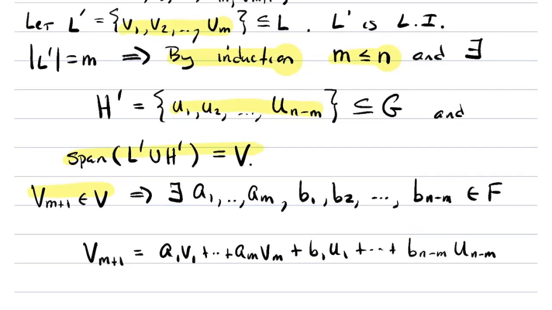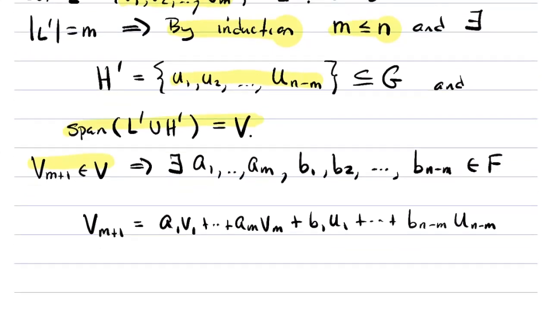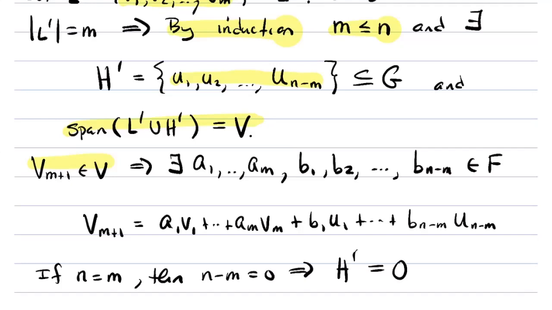If n and m are equal, let's think about that case. If n is equal to m, well, then n minus m is 0. And n minus m is the number of elements in H prime, so that would mean that H prime is the empty set. So that means that there really aren't any elements in this sum with the B coefficients.